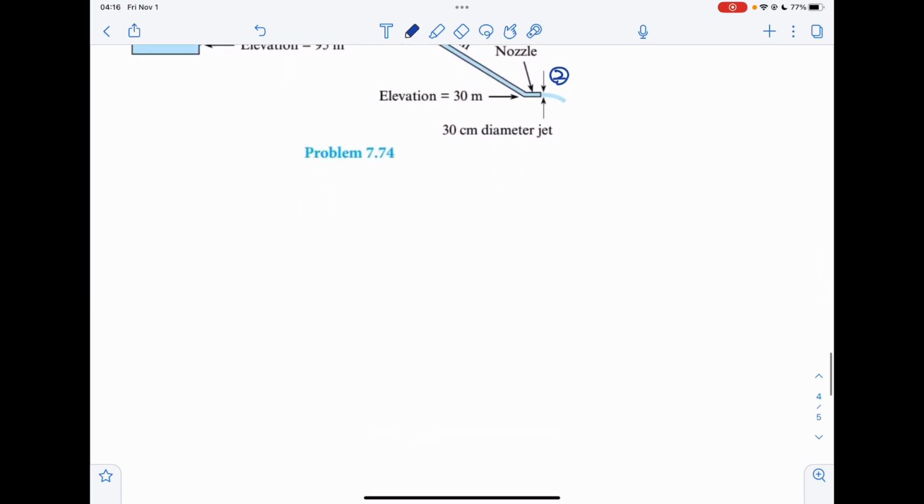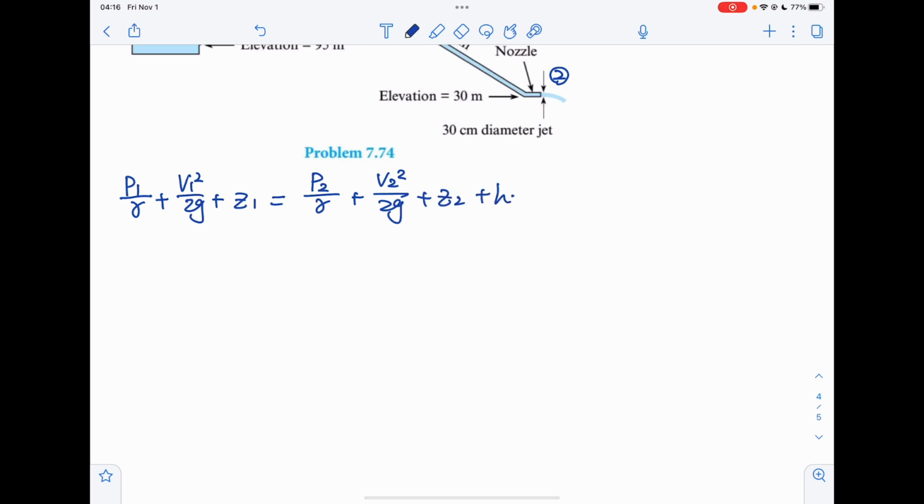So the energy equation will be P1 over gamma plus V1 squared over 2g plus Z1 equals P2 over gamma plus V2 squared over 2g plus Z2 plus the head losses.